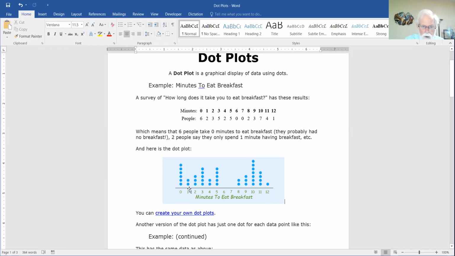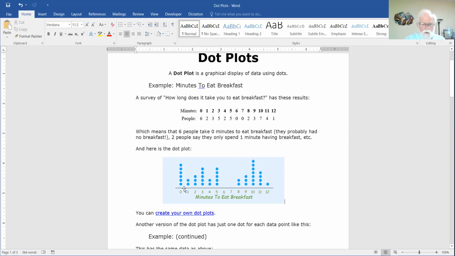So we can easily see this. This is the best use for a dot plot, when you have a reasonably good sized set of data points, say anywhere between 20 and 100, that you can present in this fashion. And it's easy to see this.